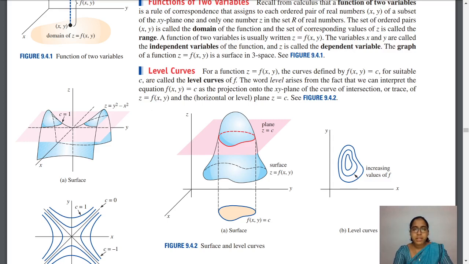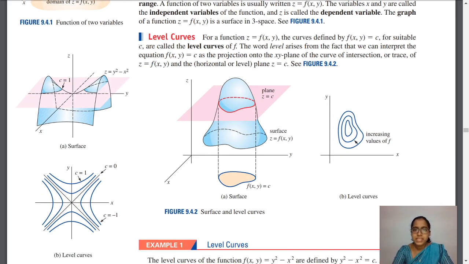We can interpret it as the projection of that function onto the x y plane. You can see that this is our function z is equal to f of x y and z equal to c is the plane that we are considering. So it is actually the projection on the x y plane. And for different values of c, we can have different level curves.